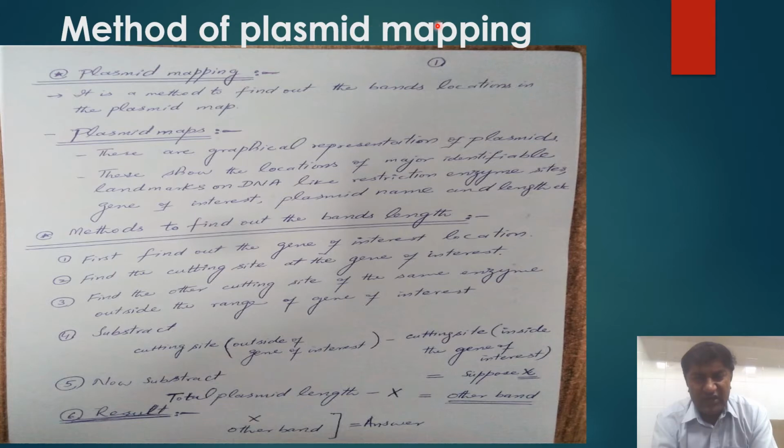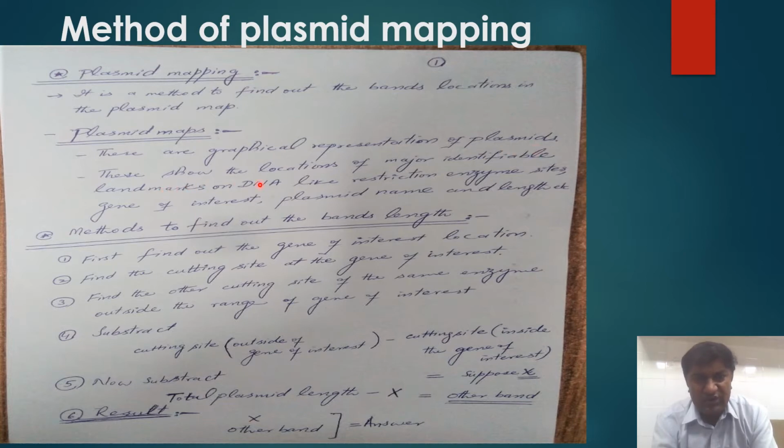Method of plasmid mapping. Plasmid mapping is a method to find out the band's location on the plasmid map. What are plasmid maps? These are graphical representations of plasmids.